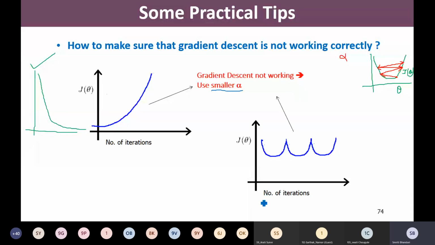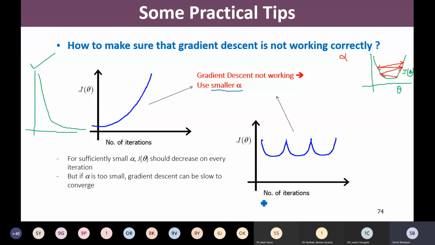So this is how we can understand that our gradient descent is not working correctly, and we may reduce our alpha value, iterate once again, and reach our global minima.